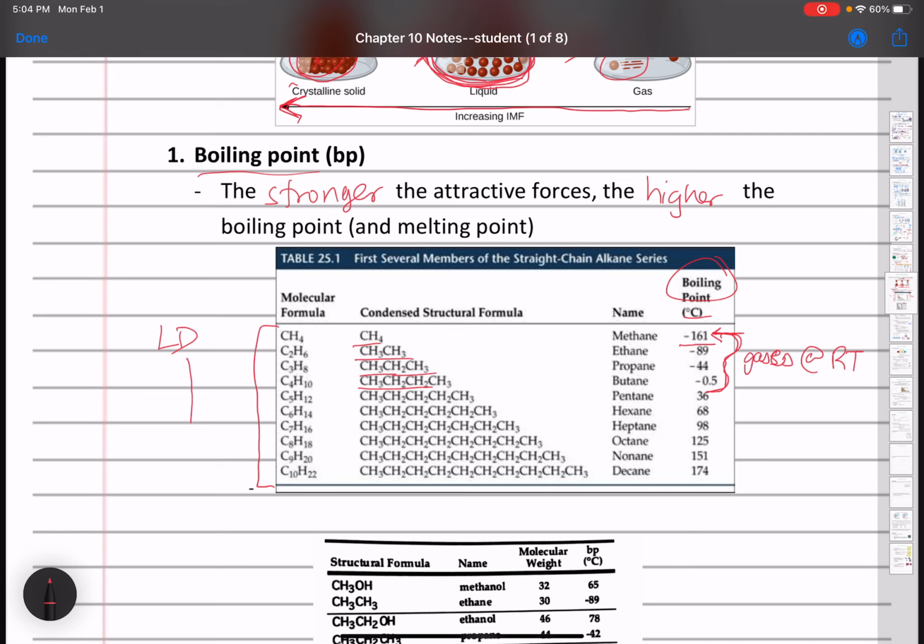But we know that London dispersion forces are additive, and the more atoms you have, the greater those forces are, which is why we see these boiling points trending upward: as their molar mass gets larger, their London forces get stronger and their boiling points get higher. So that's why octane, the gas you put in your car, is a liquid, while propane, the gas that comes out of your stove, is a gas.